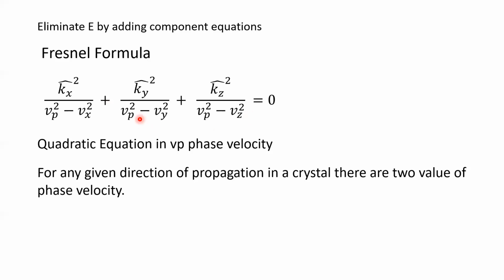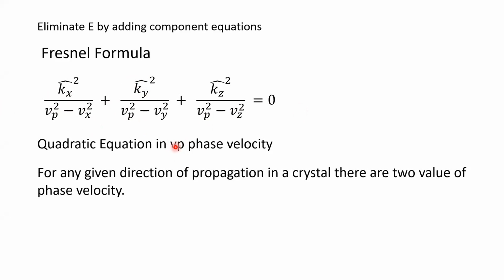There will be a term which will be square of Vp square. Similarly, you will be multiplying Ky square with this and this. The denominator you can then take to the other side. So we get a quadratic equation in Vp square. And what that tells you, if it's a quadratic equation, is that you can have at most two different values for Vp.